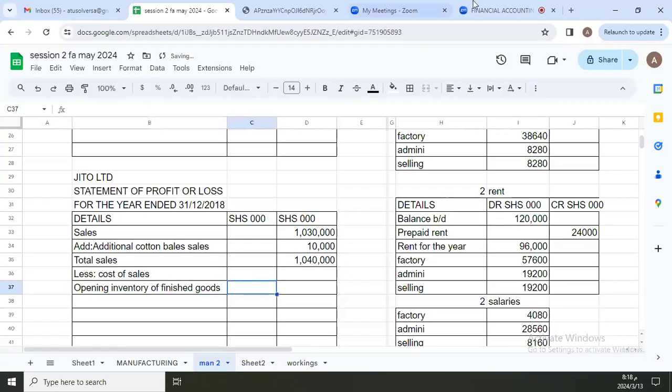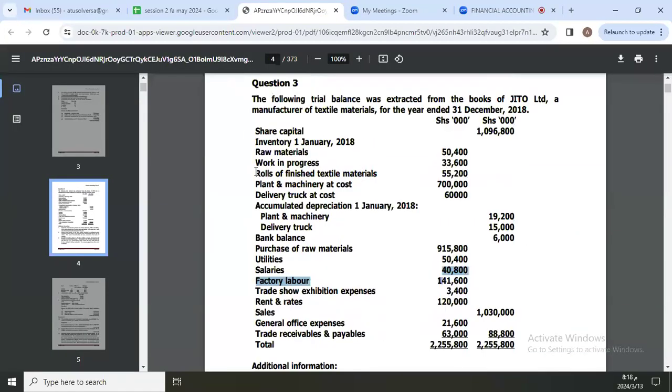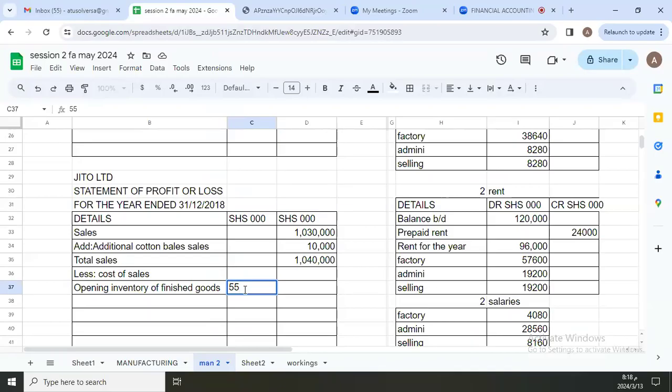Do we have it? Check our question. Look here: opening rolls of finished textile materials is 55,200. I come here and write 55,200.